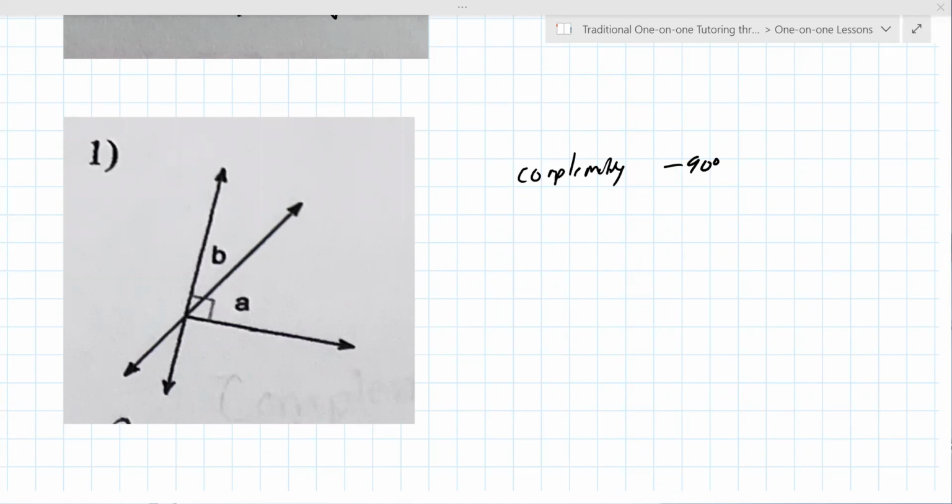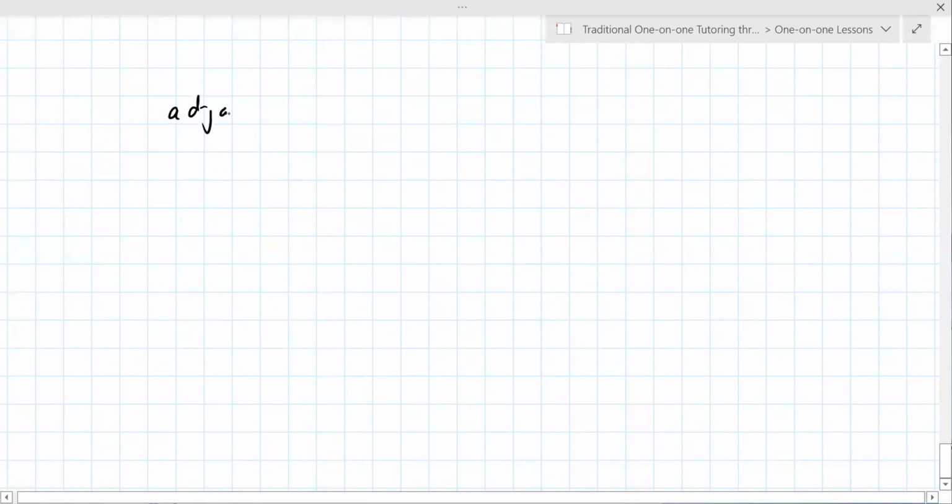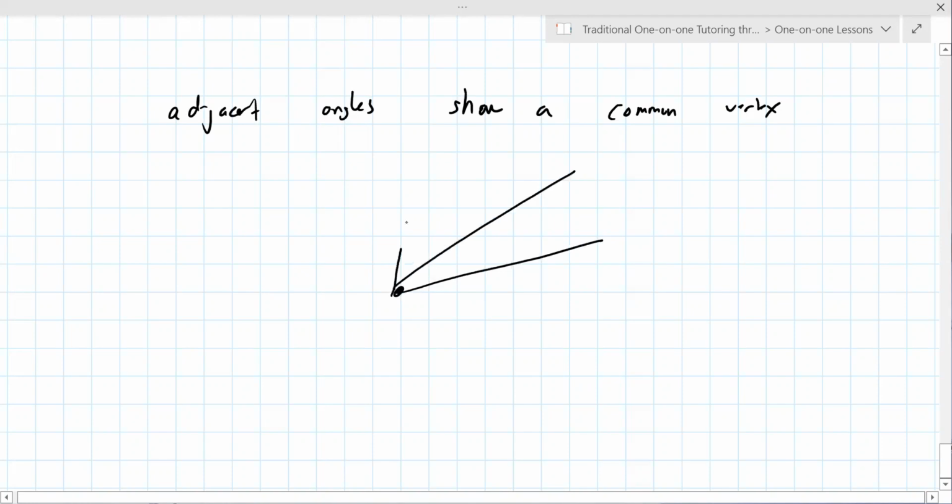So the definition of adjacent, I guess we should talk about that real quick. Adjacent angles share a common vertex. What does that mean? Well, if this is a vertex and there's an angle and there's an angle, A and B are adjacent because they're next to each other. In a right angle, which we just saw, A and B also share a vertex.